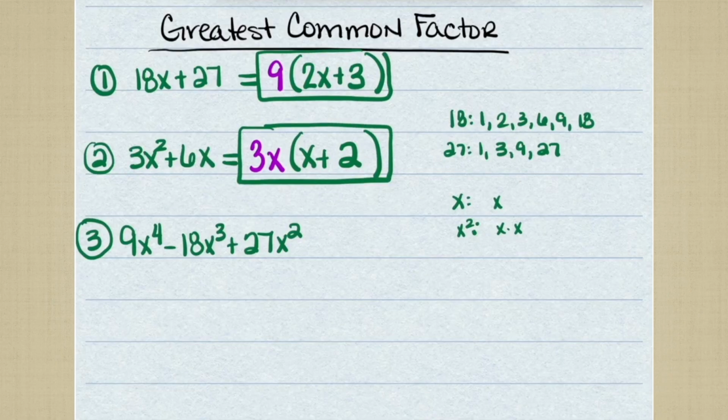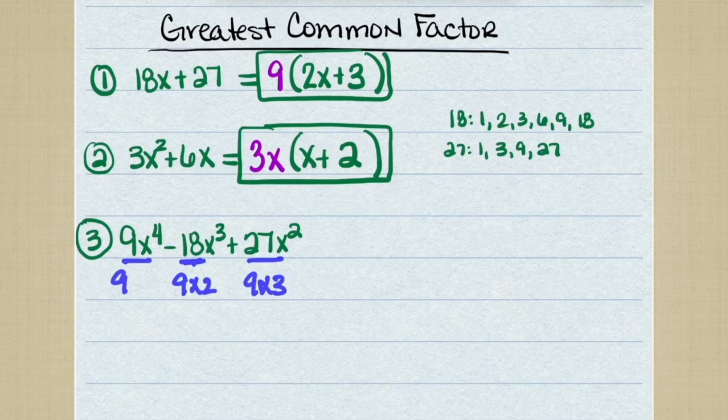Okay, so now we have this trinomial here. Same concept. What is the greatest common factor for this? What can we factor out? Well, let's see. If we just look at the numbers, we have 9, 18, and 27. Well, 9 will go into 18 because 9 times 2 is 18. 9 times 3 is 27, and 9 times 1 is 9.